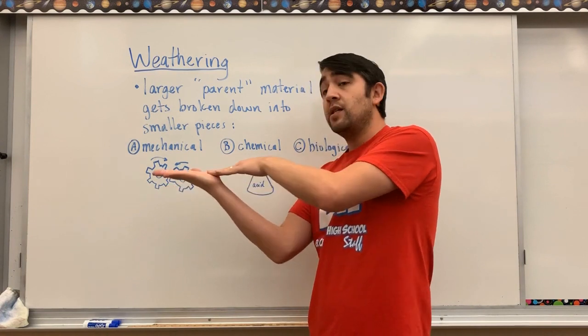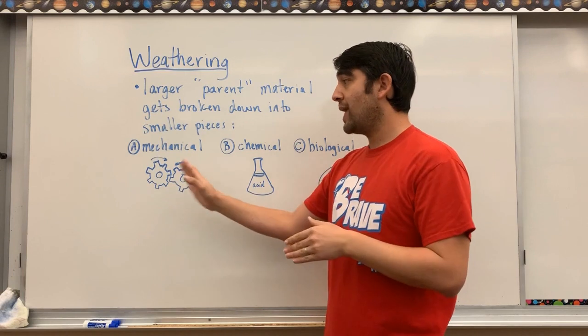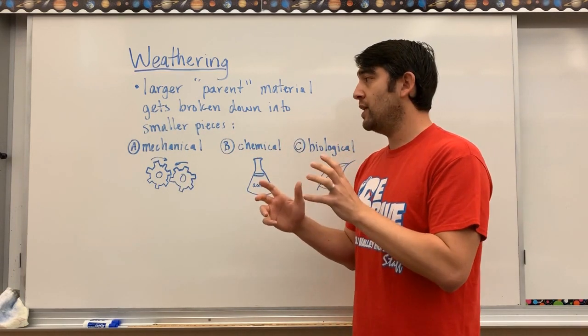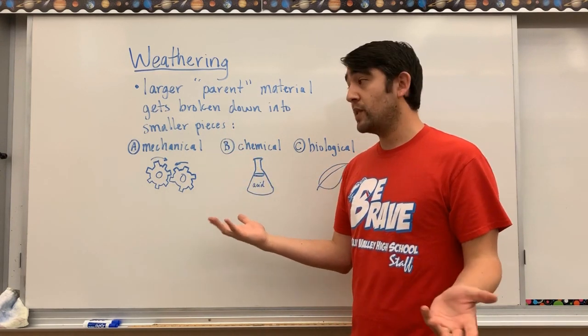That's going to cause the grinding down of not only the glacier, but the rock as well. So mechanical is any kind of movement or physical touch that results in breaking down into smaller pieces, however large or small those pieces are.